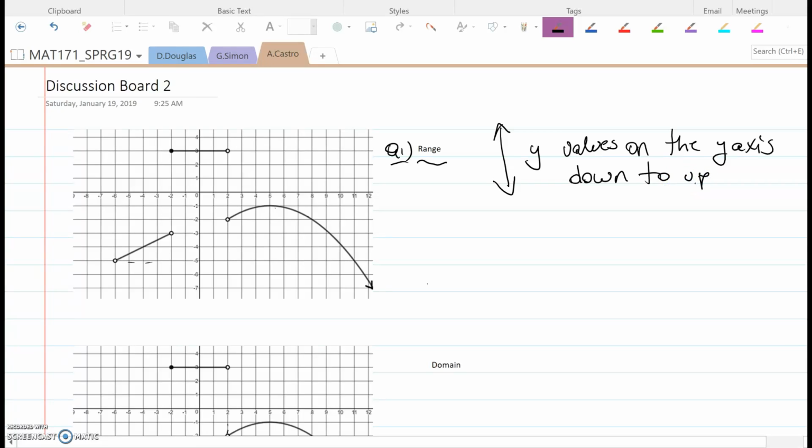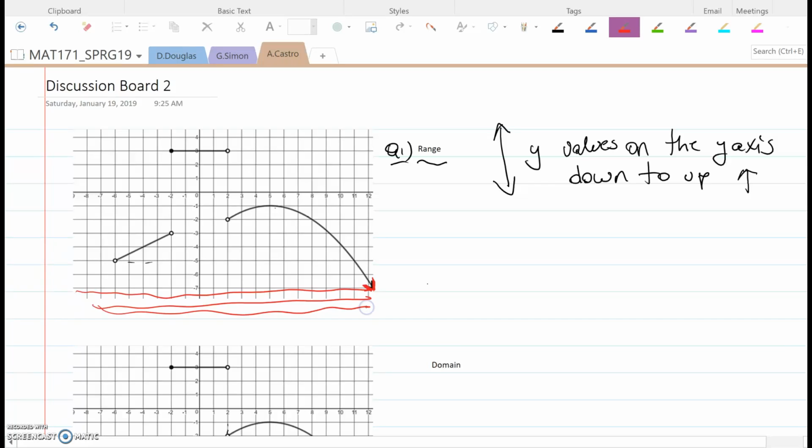So this will be our direction when we're writing the range. Okay, so we see that there's a little arrow here. It means that y can take any values here, which is negative infinity. We're coming from down to up.